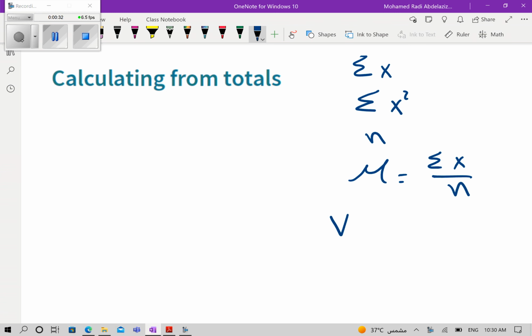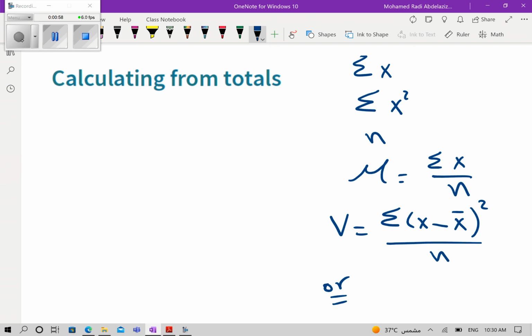And we explained how to get the variance. How to get the variance? Sum of x minus x bar all squared. x bar represents what? The exact value of mu, sum of x divided by n.